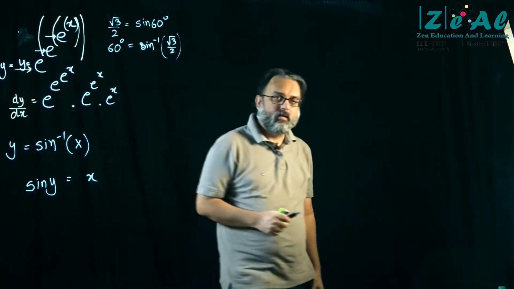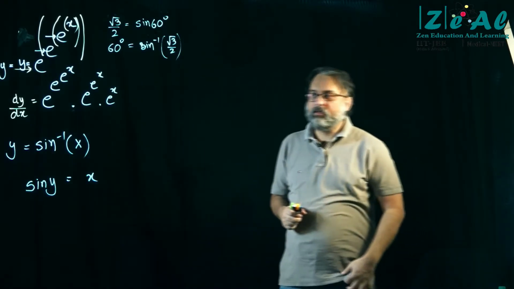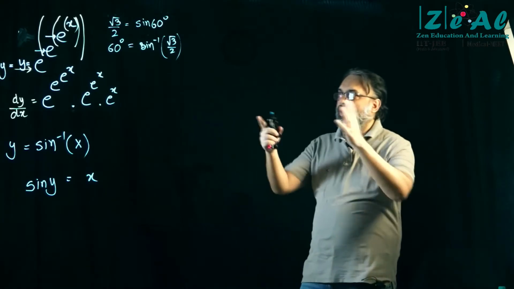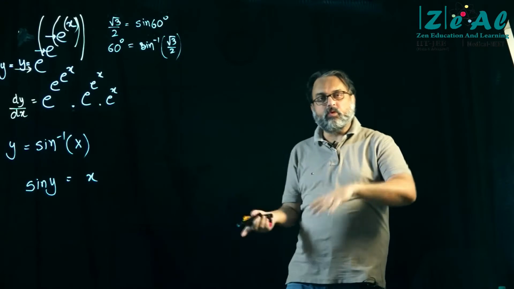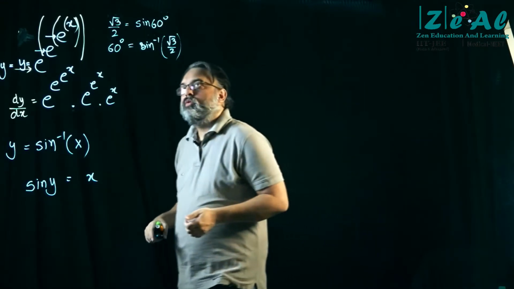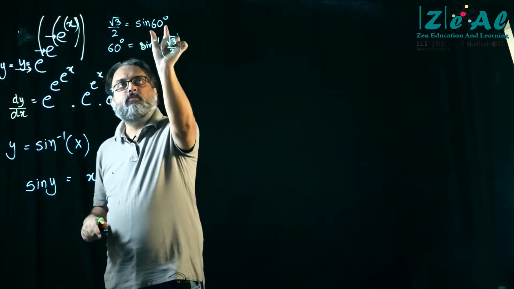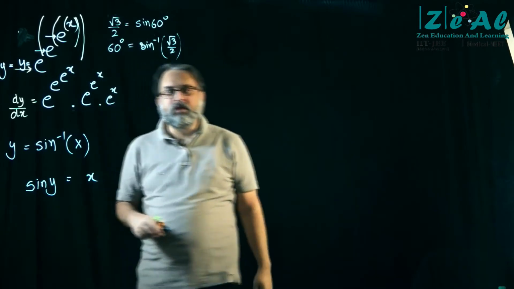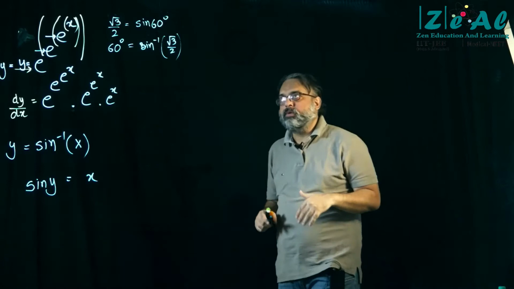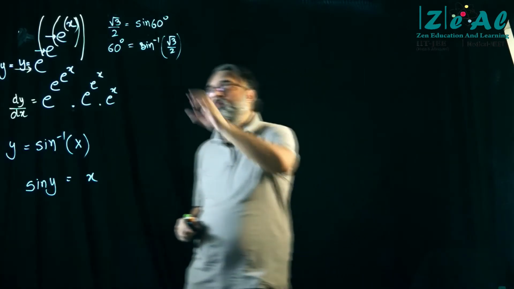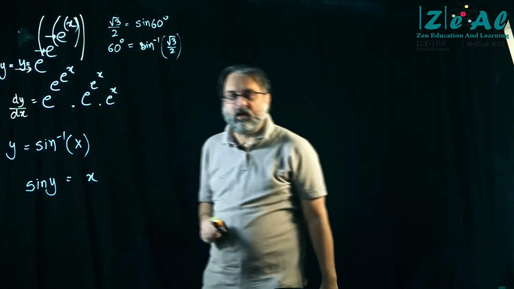राइट, जब मैं फंक्शंस की बात कर रहा था, जब मैं मैथमेटिकल ऑपरेटर्स की बात कर रहा था, तो I told you that there will be an input and there will be an output. So for the sine operator, the input is this angle and the output is this number. And the inverse operator, right, will be such that the input will be the number and the output will be the angle.